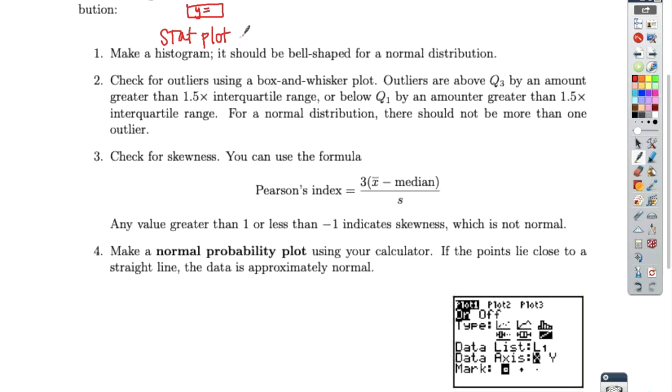Now click on plot number 1, make sure that one is turned on, and it's going to take you to a screen that looks like this. And the histogram, the first graph that we're doing, is the 3rd one on the list, so just highlight the histogram, click there. Now make sure that your data is coming from the appropriate list. If you just put this into list 1 like I did, then make sure your data is coming from there.